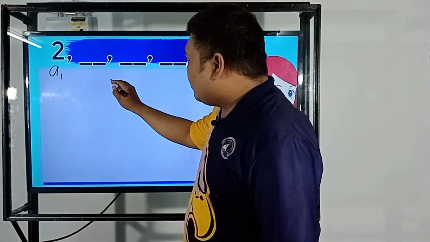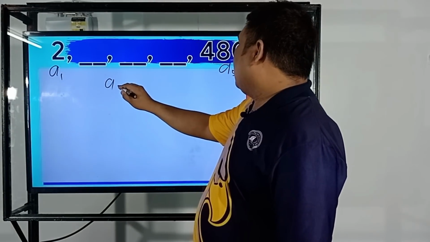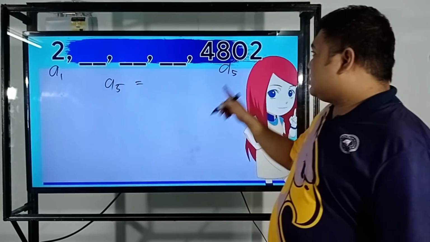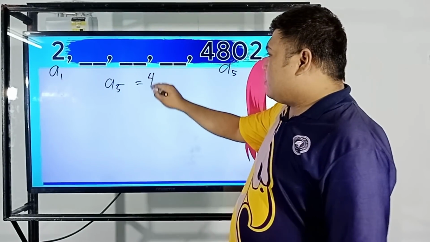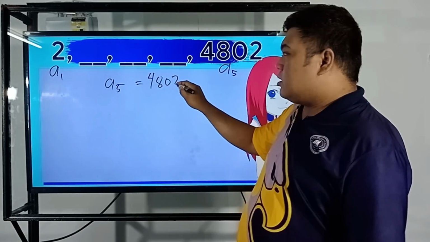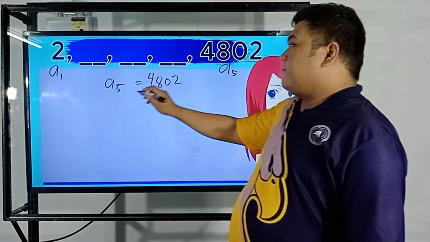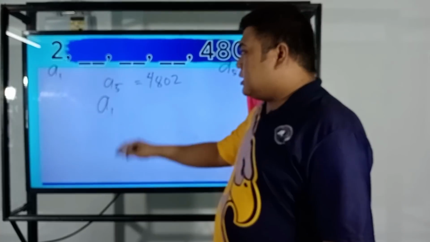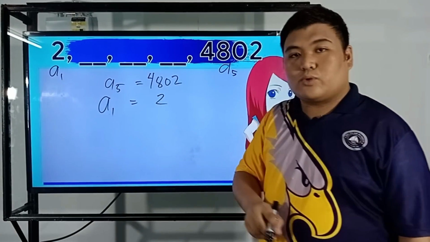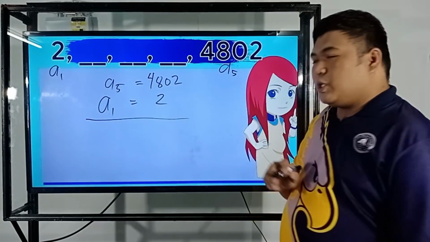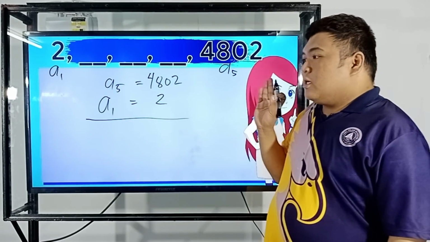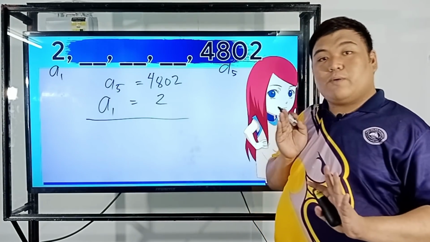So, we have a sub 5 is 4,802. Then a sub 1 is equal to 2. Next, ano yung gagawin natin dyan? Sa arithmetic means, parehas yung ginagawa in both sides.